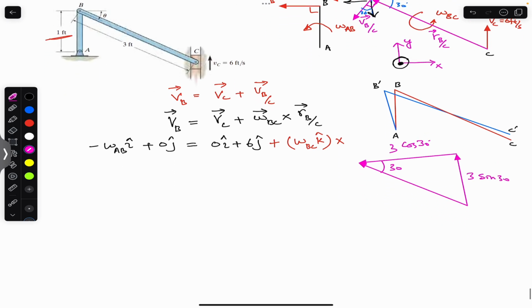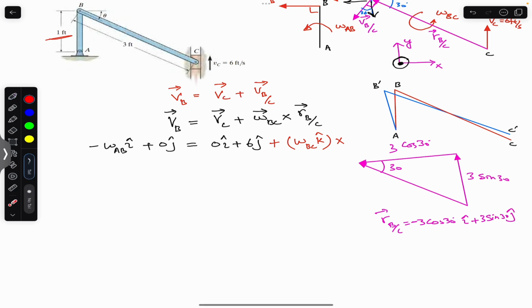Now we can write RB of C. This horizontal component is in the negative x, so this is 3 cos of 30 in the negative i, and 3 sine of 30 is in the positive j. So we will write plus 3 sine of 30 in the positive j.